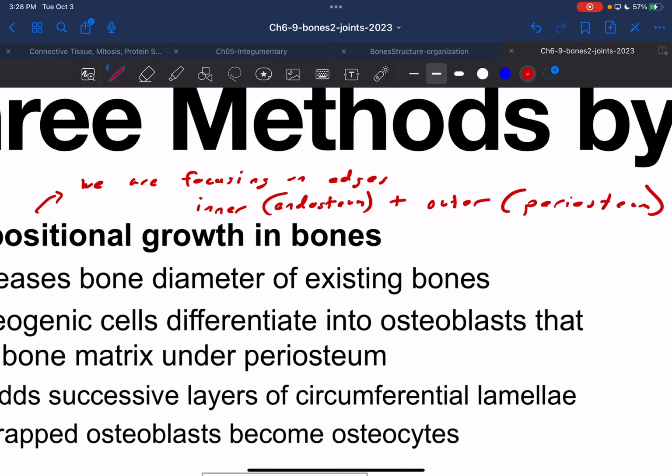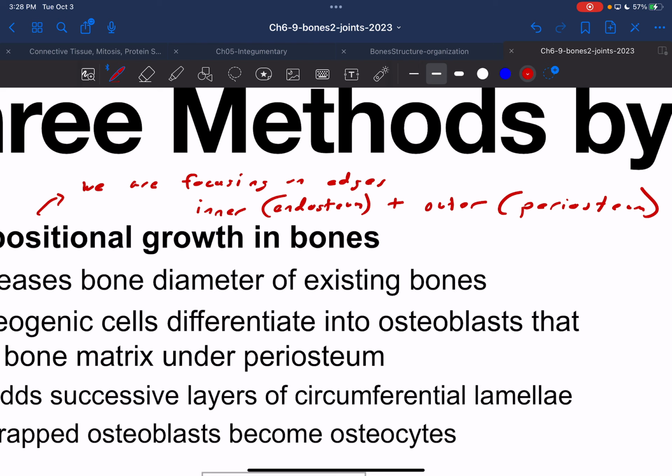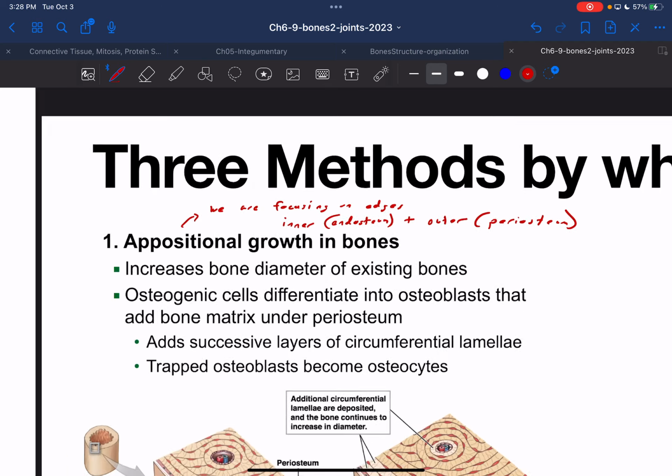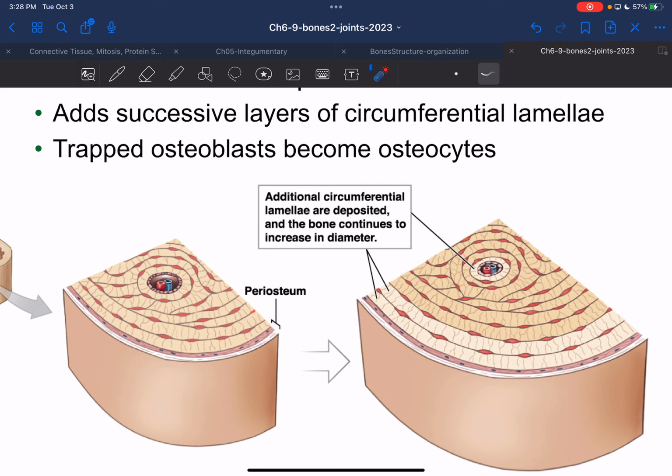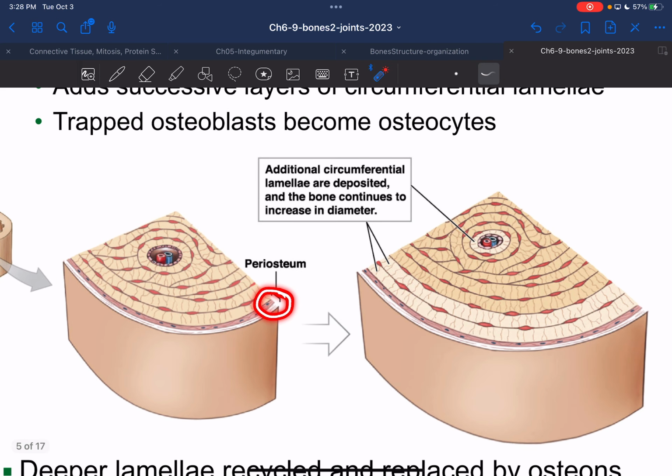We are focusing on edges, inner plus outer, and inner is the endosteum, outer periosteum. And so as you can see in this diagram, before we even really get into the details, you can see that it's expanding from this edge and this edge, that we have some new matrix, some new lamellae laid out for the concentric canal, or that central canal to lay out lamellae, a new concentric lamellae.